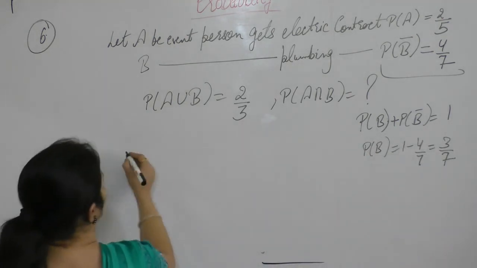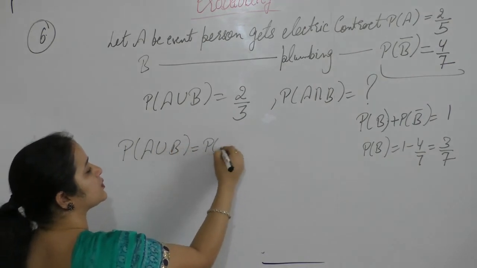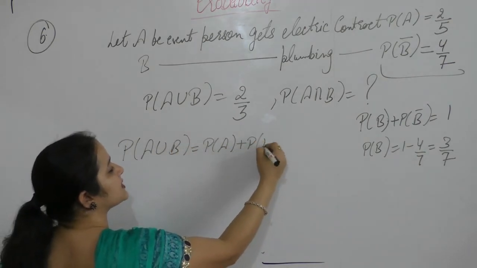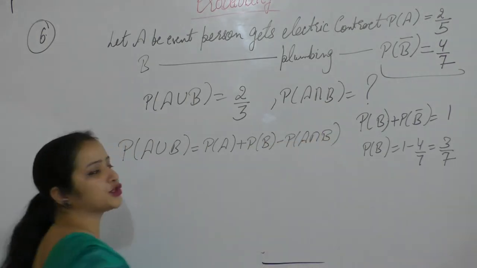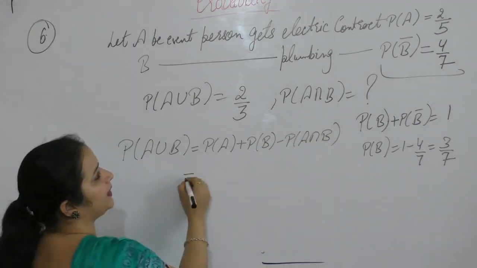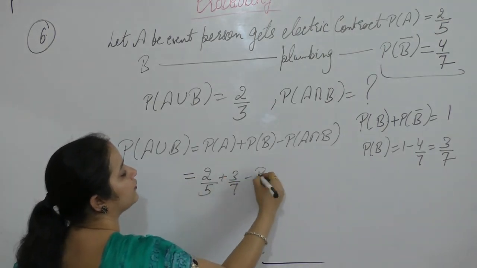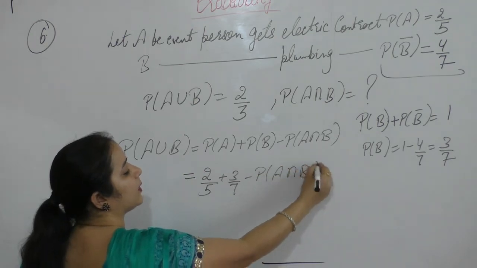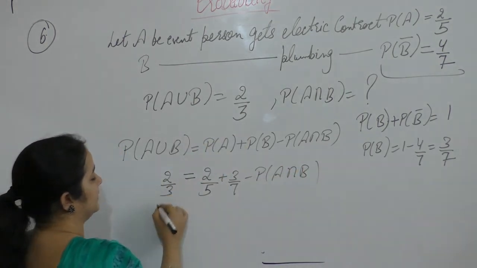Now we will use the formula here. Probability A union B is equal to probability A plus probability B minus probability A intersection B. We want to find the A intersection B probability. Probability A union B is 2 by 3.